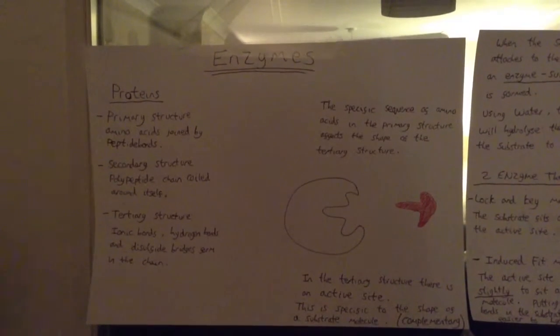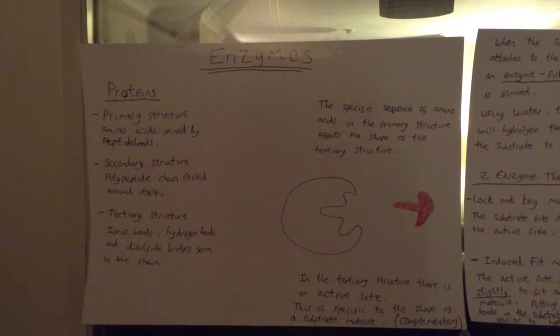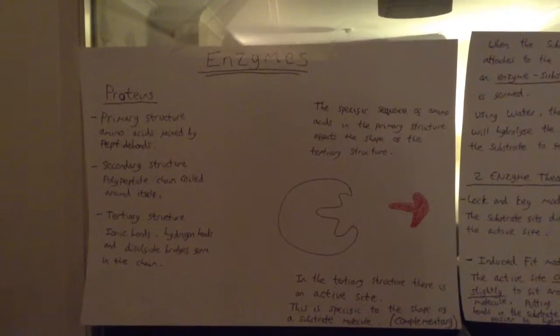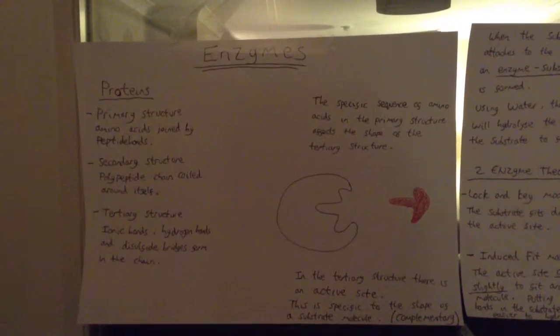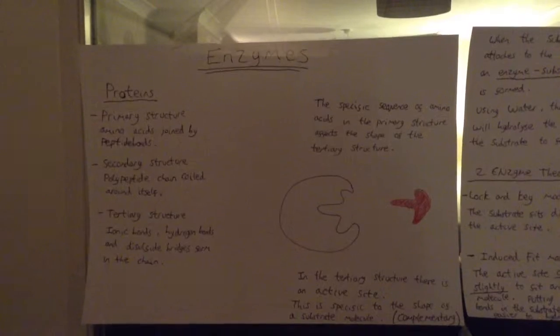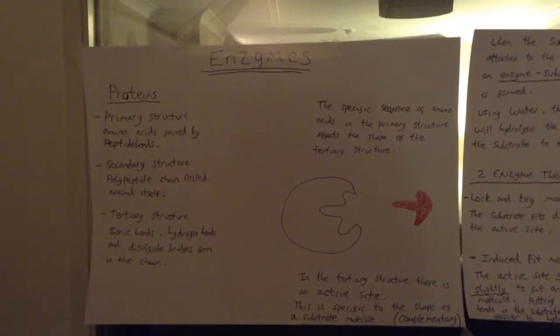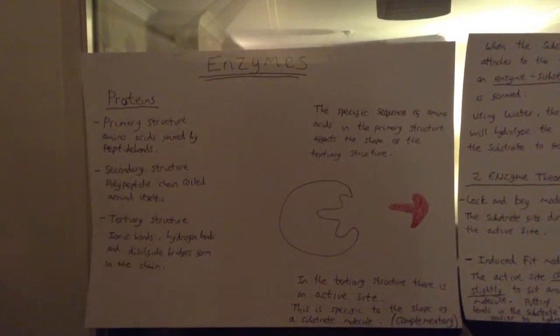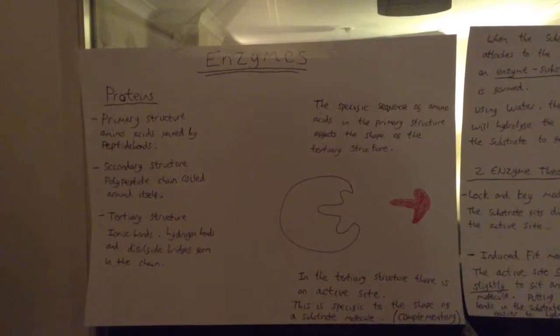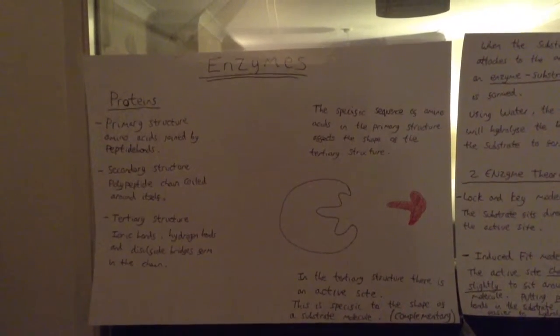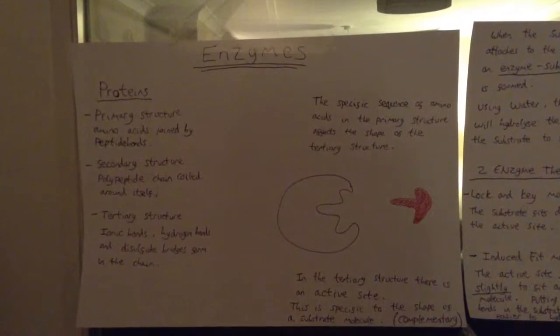So proteins have a primary structure first, which is basically a long chain of amino acids joined together by peptide bonds, called a polypeptide. The secondary structure is when this polypeptide chain is coiled and wrapped around itself.